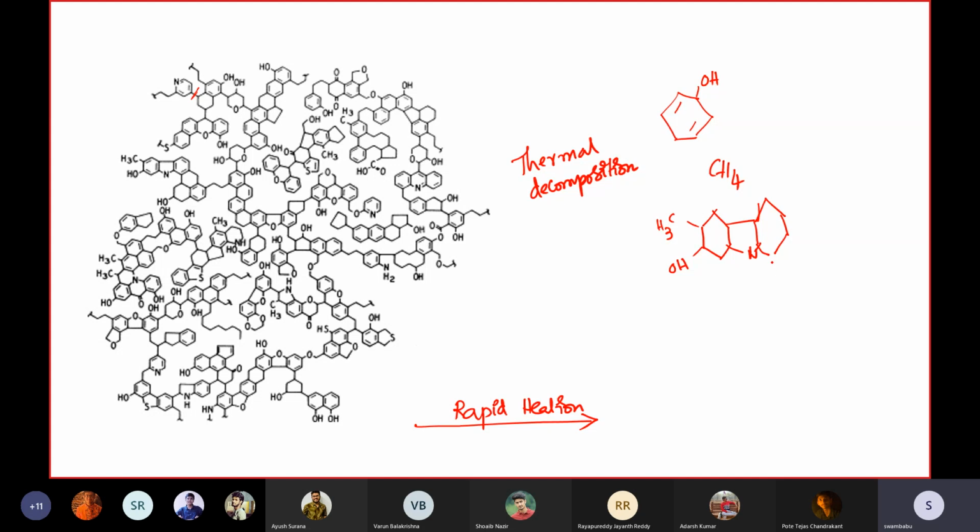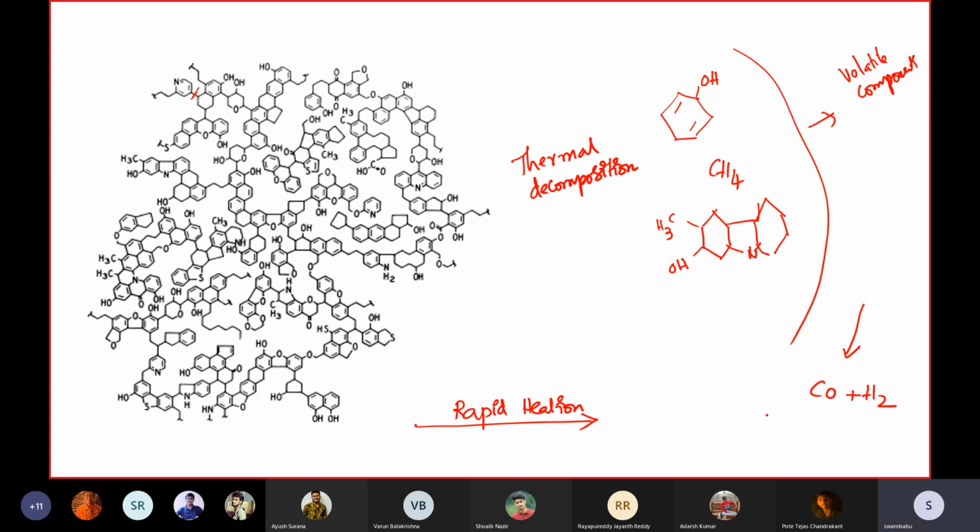If you further heat it, then they will become completely volatile components. Then finally, you will get to see carbon monoxide and hydrogen, and many other components. So basically what we are doing is heating it.